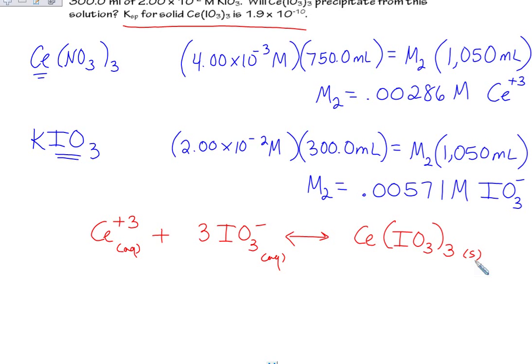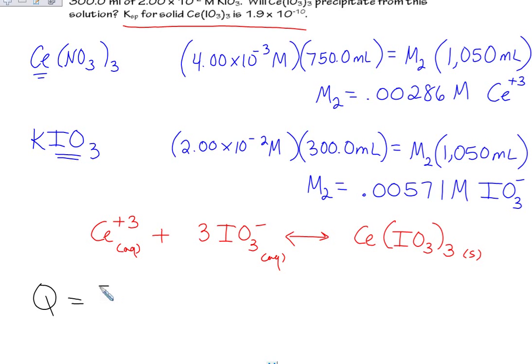All right. So you've got your new molarities. You can set up an ice table if you want to, but you don't necessarily have to. We can kind of set up the Q calculation right away. Q equals a product of the ions. So I'm not really thinking about this as product over reactants. I'm not going to use that solid. So it really is like an ion product.